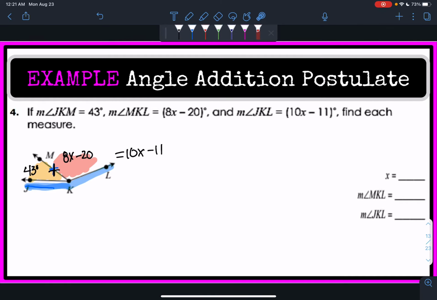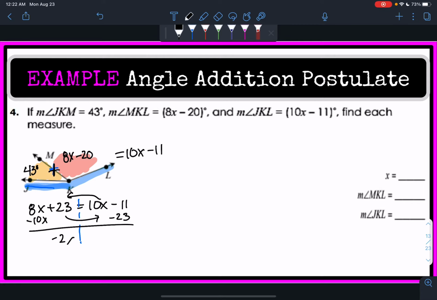Well, I'm going to again simplify my like terms. 43 can be combined with negative 20 because they're like terms, and we get that 8x plus 23 is equal to 10x minus 11. So moving our variables to the left and our numbers to the right, we get negative 2x is equal to negative 34, and dividing by negative 2, the value of x is equal to 17.